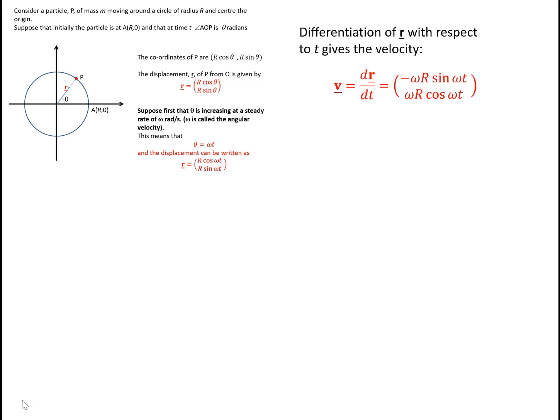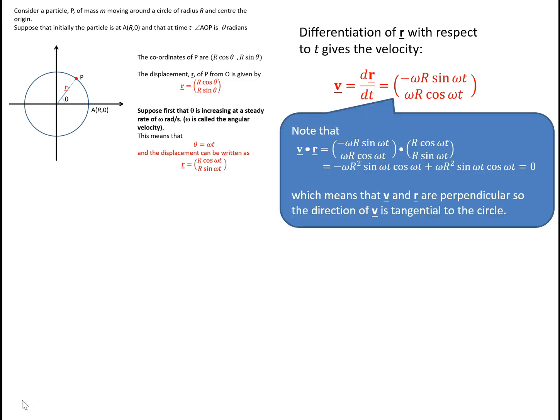Now we can make one or two deductions from this relationship. First thing we can do is if we take the scalar product of the velocity with the displacement, then we've got (minus omega r sin omega t, omega r cos omega t) scalar product with (r cos omega t, r sin omega t), which gives me minus omega squared r squared sin omega t cos omega t plus omega squared r squared sin omega t cos omega t, and of course those two terms cancel out to give me 0.